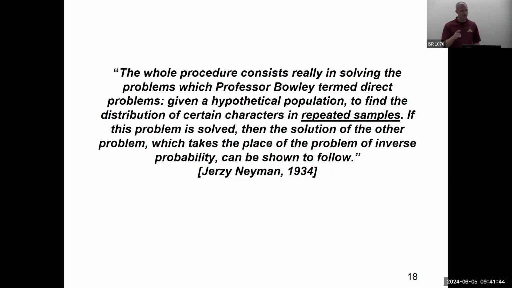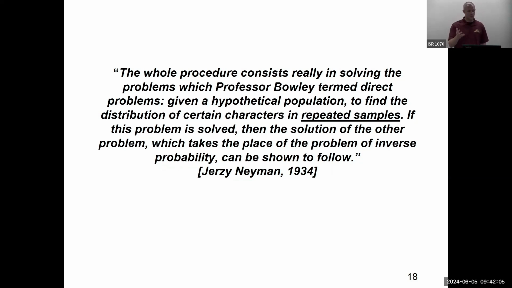And I underline that in this original quote from the paper. Given a hypothetical population, find the distribution of certain characters in repeated samples. What Neyman was saying is, if we were to go out and draw thousands and thousands of samples using the exact same probability sampling design, what would the distribution of estimates look like?